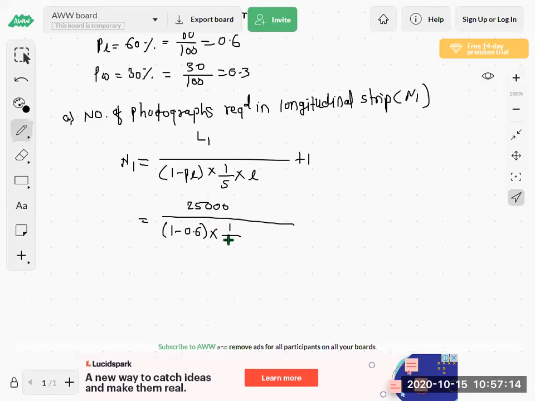The scale of photograph is 1 in 10,000, so 1 divided by 1 by 10,000, then into the length of photograph, which is 230 mm, so 0.230, plus 1. Now do this calculation. Since 1 is divided by 10,000, the 10,000 comes up here.